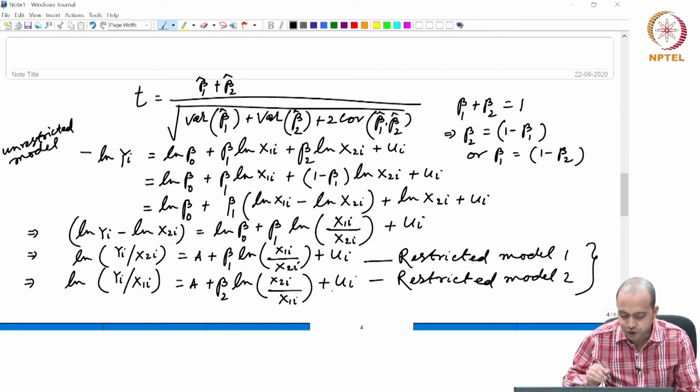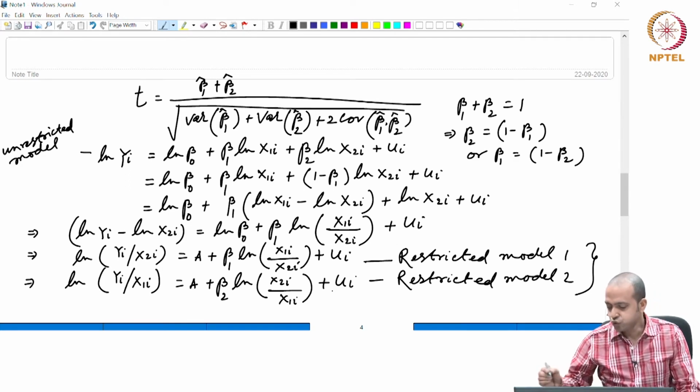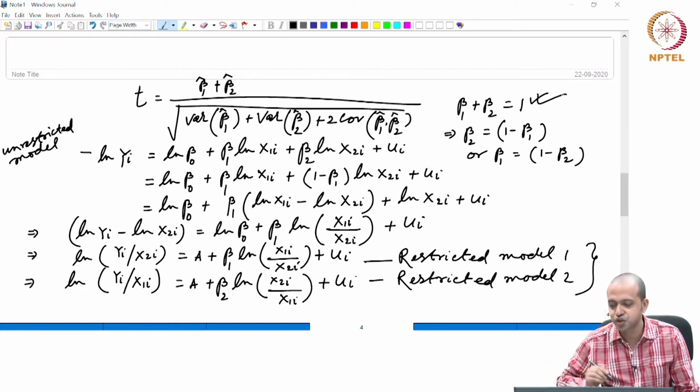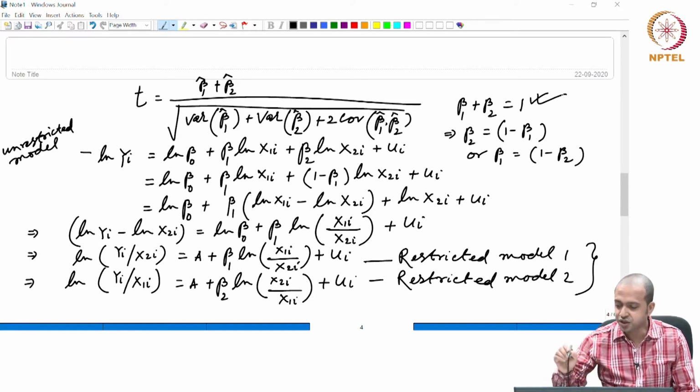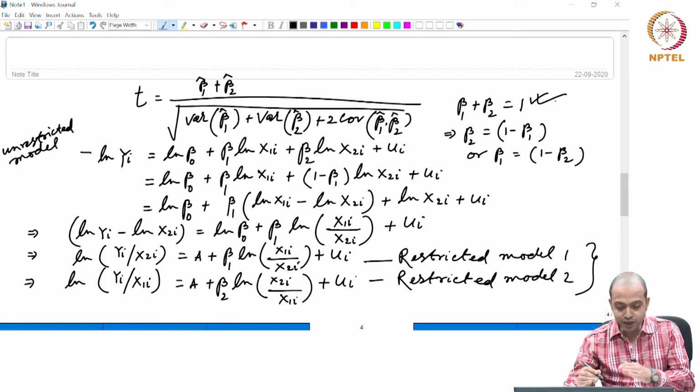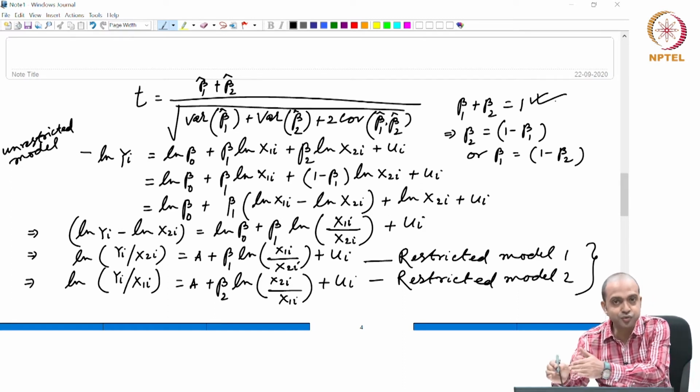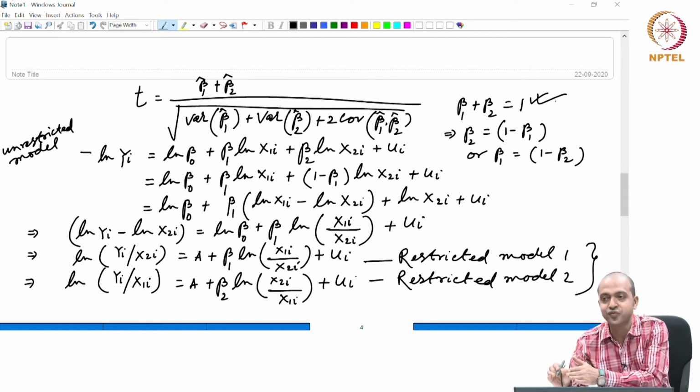Now, from these two we will construct another test statistic to test the validity of this linear restriction. So what are we testing? We are testing the validity of the linear restriction beta 1 plus beta 2 equals 1. In the way we are deriving, we substitute, that means initially we have assumed the restriction is valid.